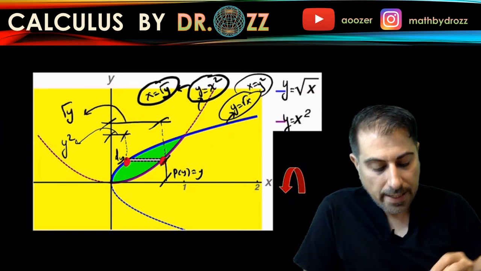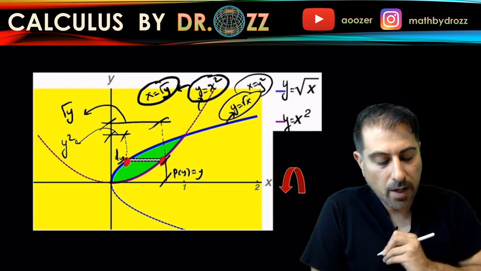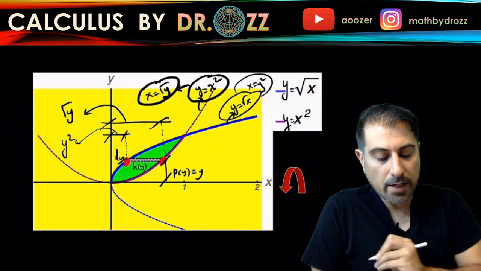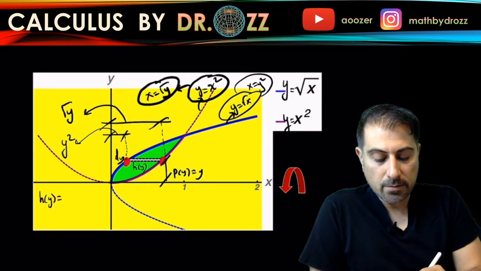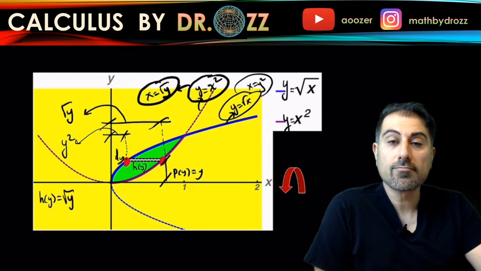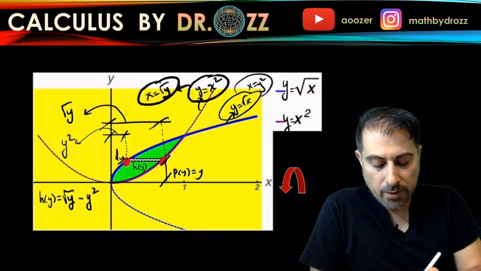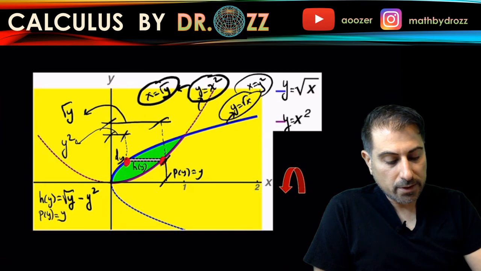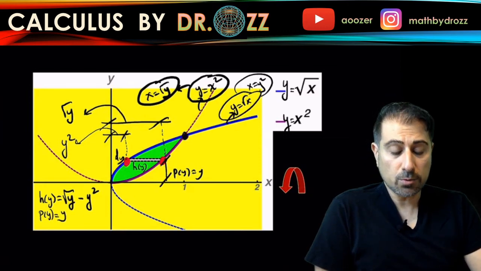So then the height of the slice, h of y, is the difference between radical y and y squared. And p of y is already equal to y. Let's look at the intersection. We already checked that it happens at x equals 1, but when x equals 1, y is equal to 1.